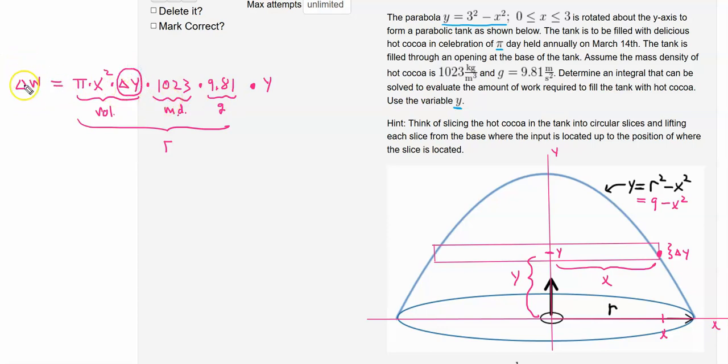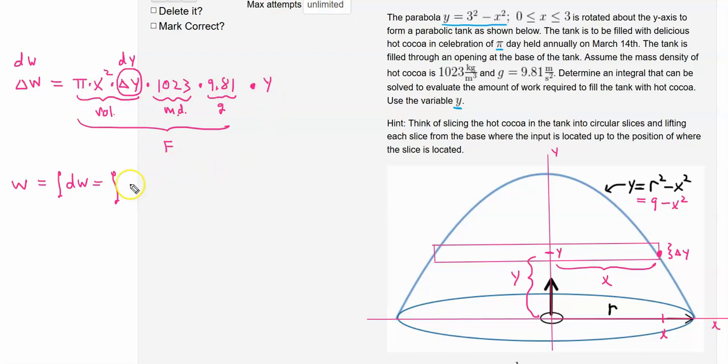So just think of replacing the deltas with d's, dw, dy. Okay, so W, and that should be F right there for force. W is the integral of dw, and that is the integral of all of this.